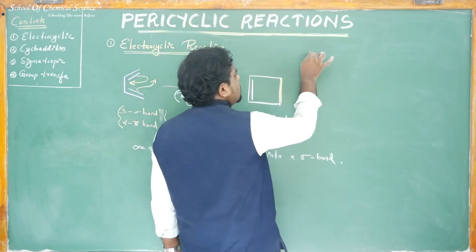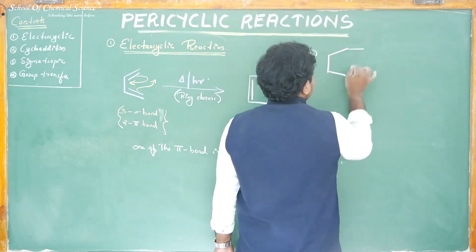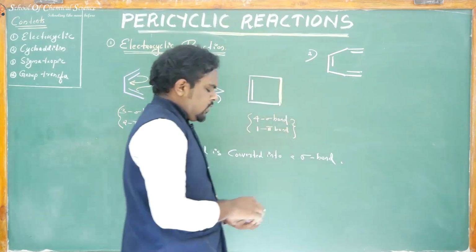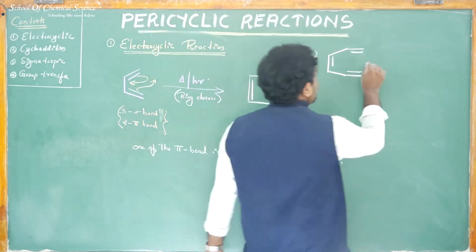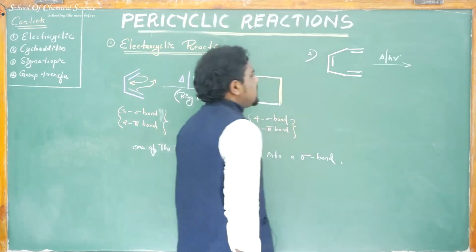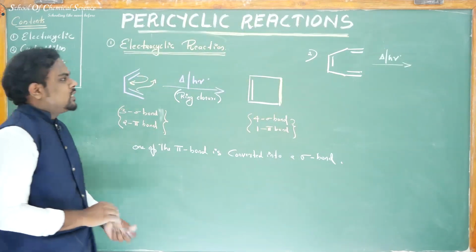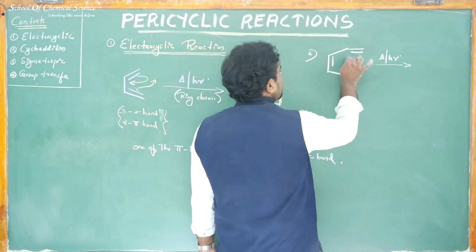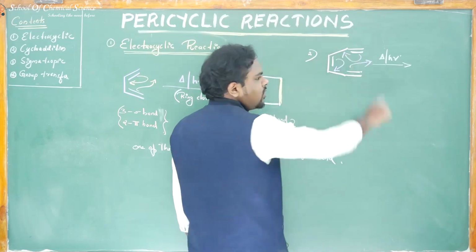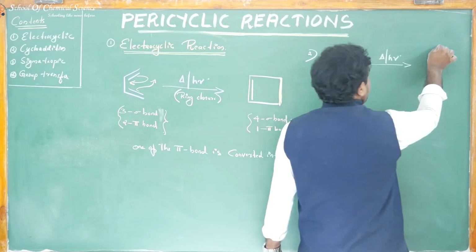Then what about this example? This is a conjugated polyene. So in the presence of heat or light, definitely what type of reaction will that molecule show? Definitely an electrocyclic reaction, electrocyclic ring closure. This pi bond is shifted towards here. So ring closure takes place, giving a six-membered ring.